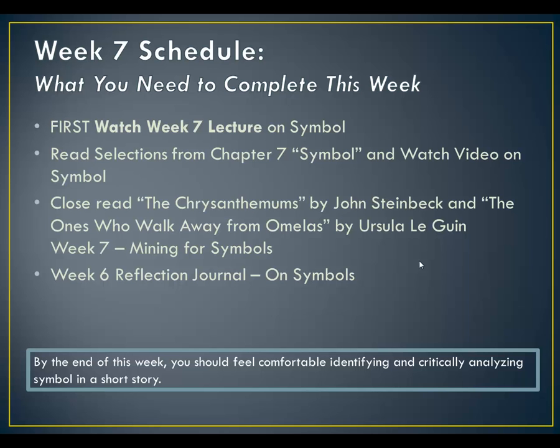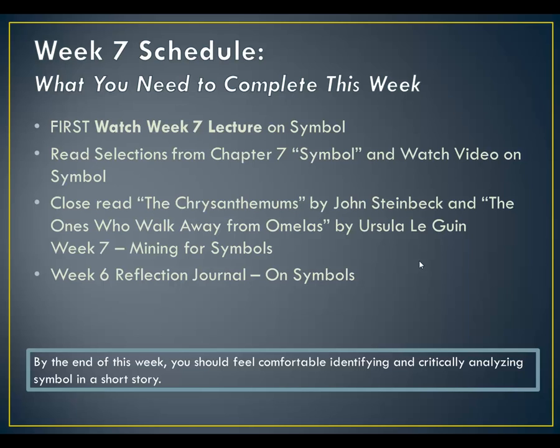So this week you will be watching this lecture on symbol. You'll also read the selections from chapter 7 on symbol and watch the video on symbol as part of the interactive text.